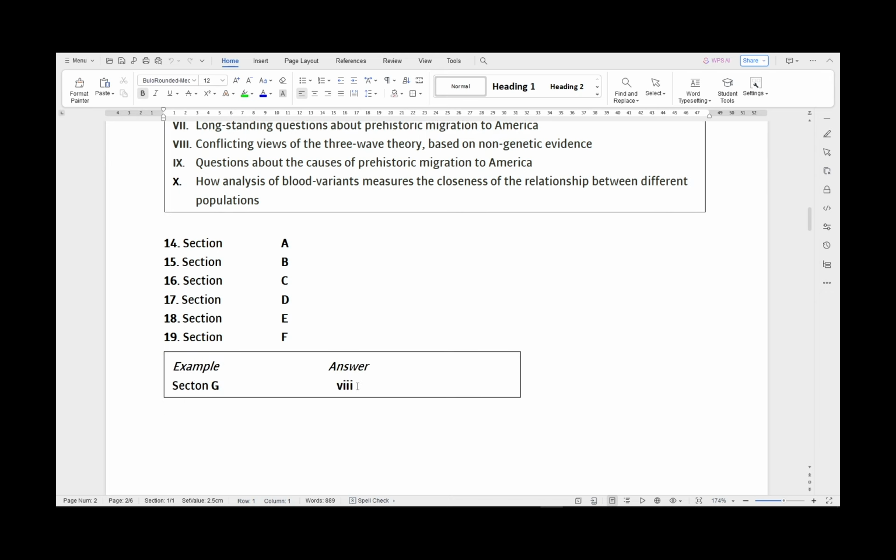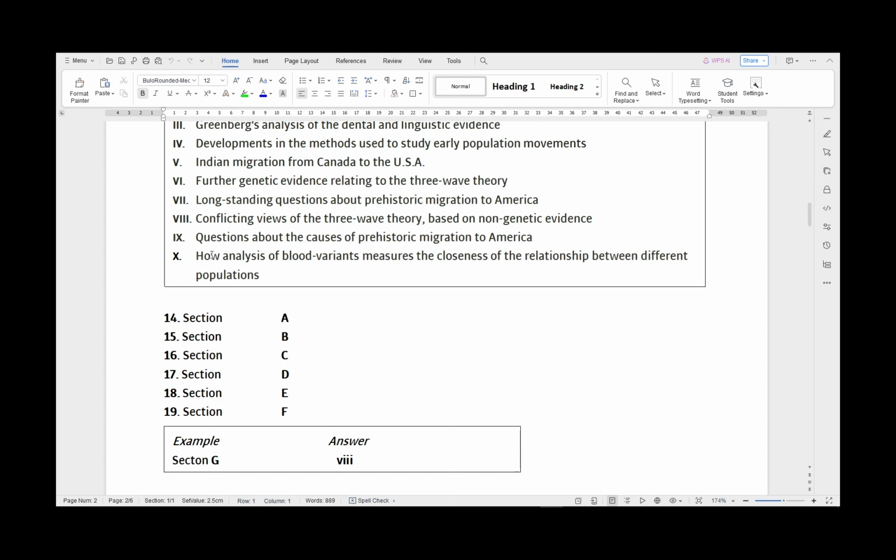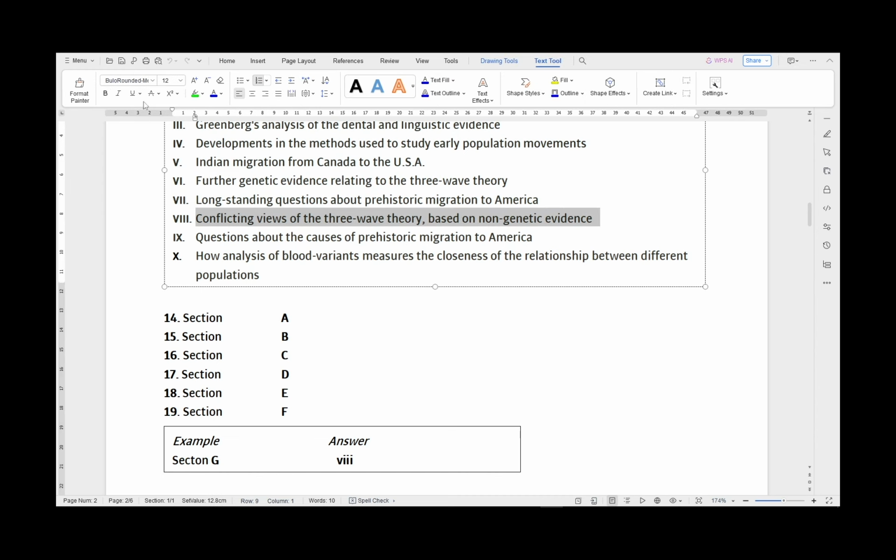But we have to take into consideration that paragraph G is already answered for that. So we're going to take away this option for ourselves, so we don't get distracted or form any false opinions.